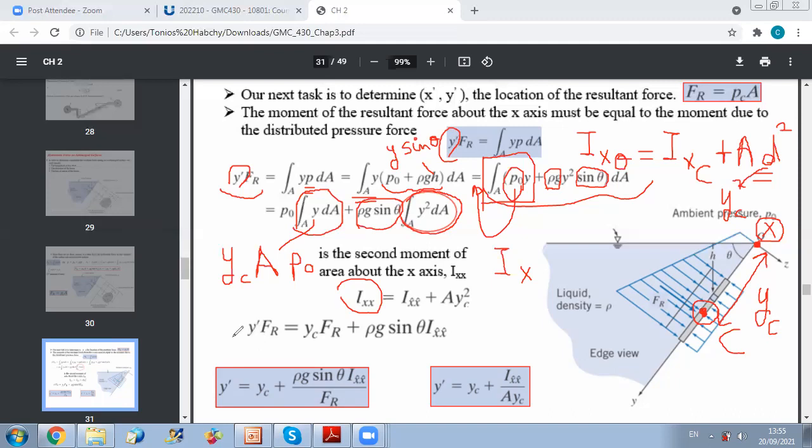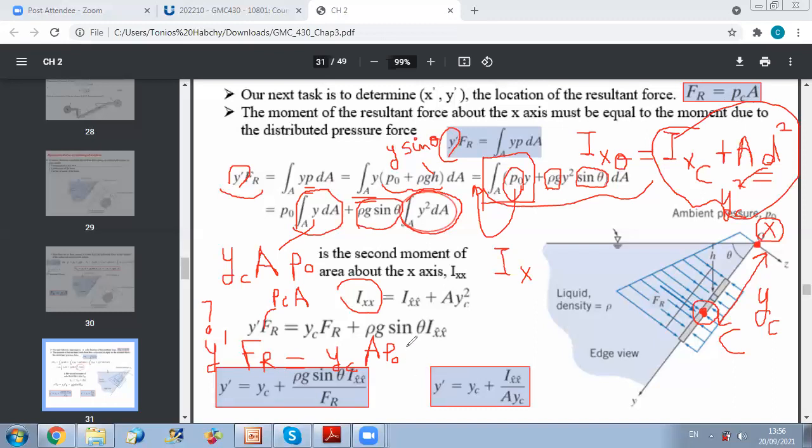Let us see it. So we have y prime, which is the location I'm trying to find. I don't know it. Times the resultant force. We have just in the previous slide found how to get FR. FR is the pressure at the centroid times the area of the surface. So y prime times FR should be equal to this term. I will keep it as it is, yC times A times P0. Now I will replace the inertia about the x-axis passing by O by the following term to see what I will obtain.